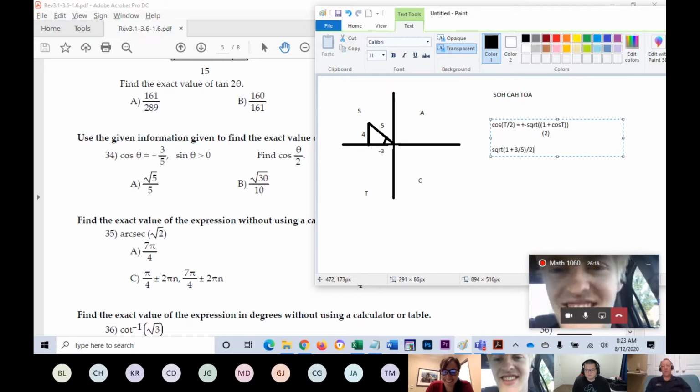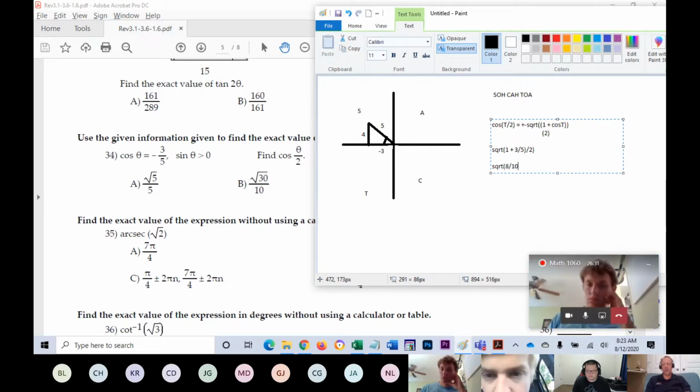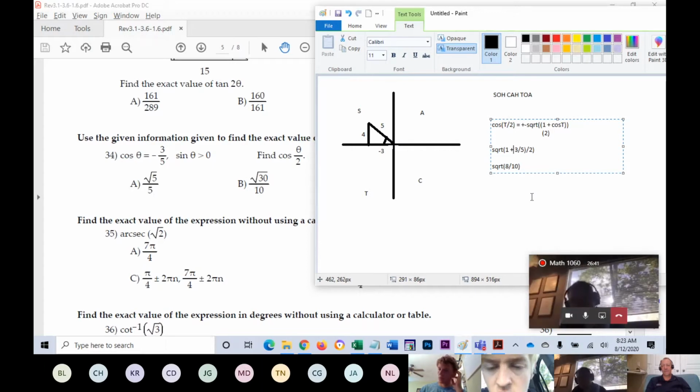Okay. So 1 plus 3/5 is 8/5, divided by 2 is 8/10. So this is going to be the square root of... Is that 1 minus 3/5 now? Or is it 1 plus? Yeah, because it would be 1 plus a negative 3/5. That's right. So it would be 1 minus 3/5 over 2.